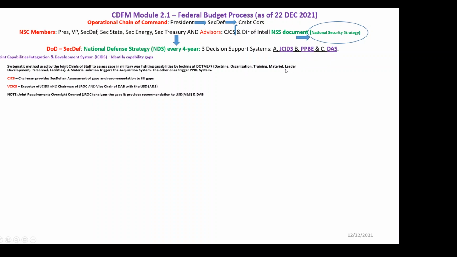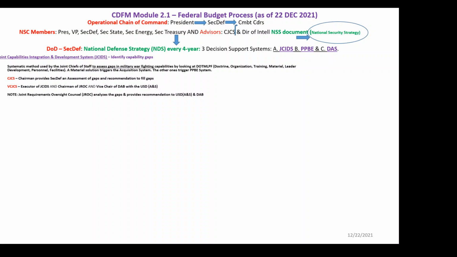If it's any one of the other elements, we just need resources, more people, more equipment, more training, all of this triggers the PPBE process alone. If it's materiel, we need new weapon systems, new computer systems, those are considered materiel, and this is what triggers the acquisition system. So you see, JCIDS is an essential part of it.